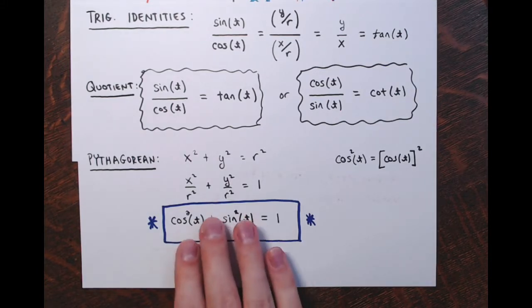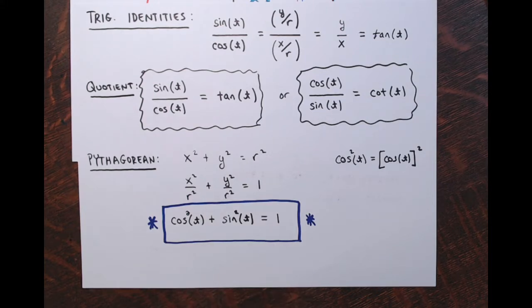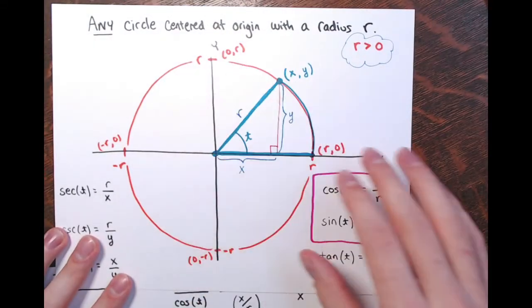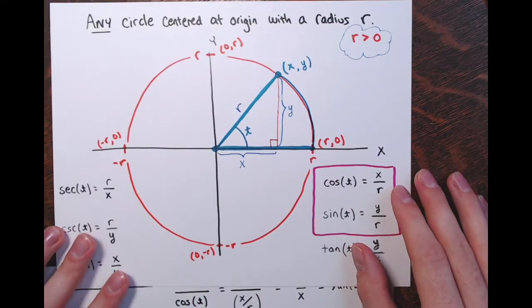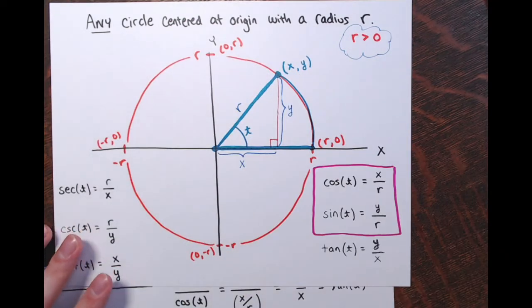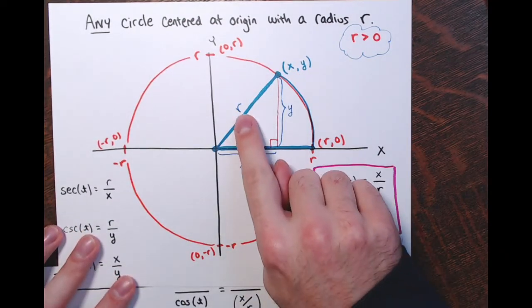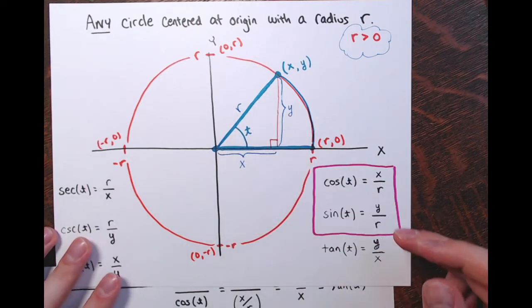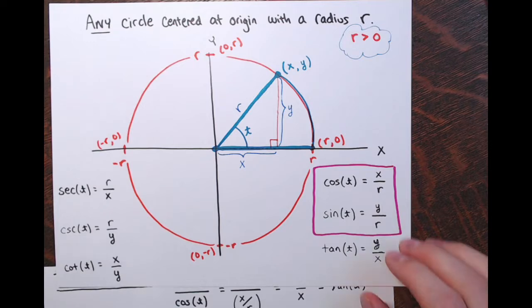We can manipulate this equation a little bit more and get other ones. So now we're working not just on the unit circle, but on a circle of any radius. And if you just let r equal 1, then you're on the unit circle and all the r's become 1.